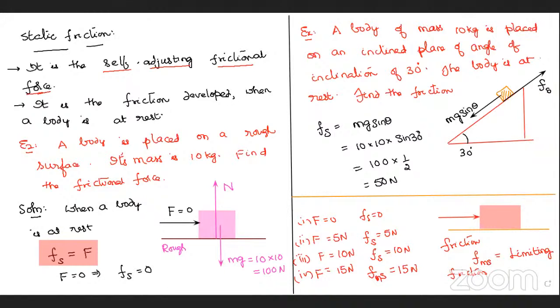That limiting friction, they found, means FMS depends upon the normal reaction acting on the body. Depends upon normal reaction means I have to write FMS equals some constant into normal reaction.